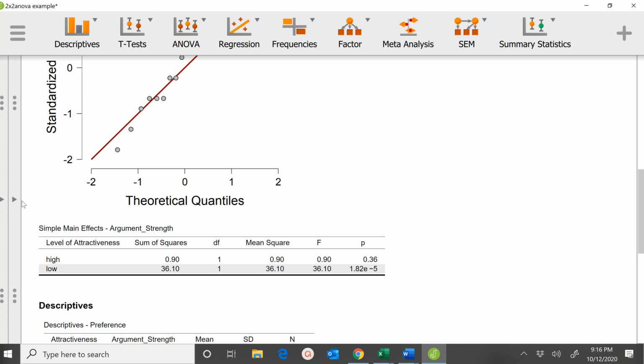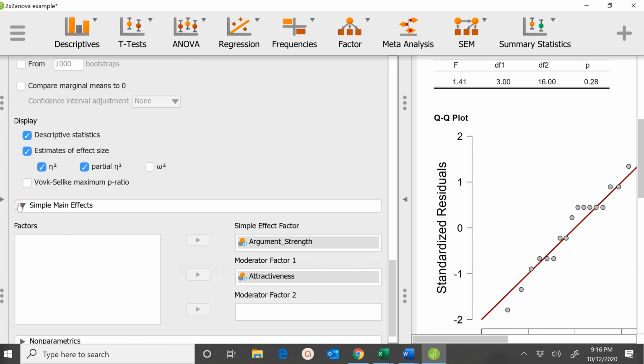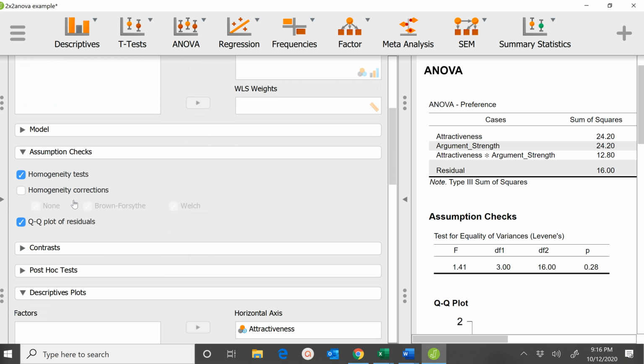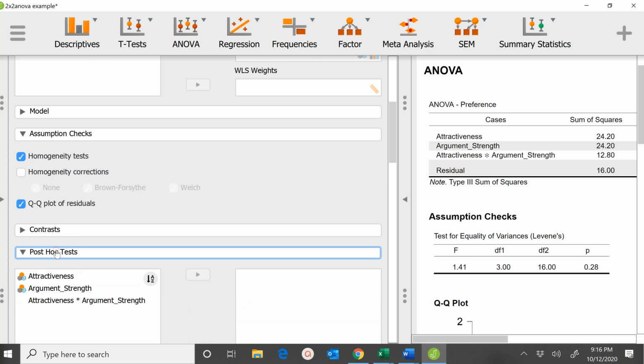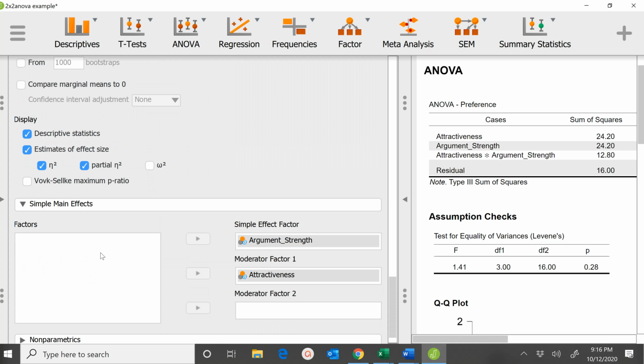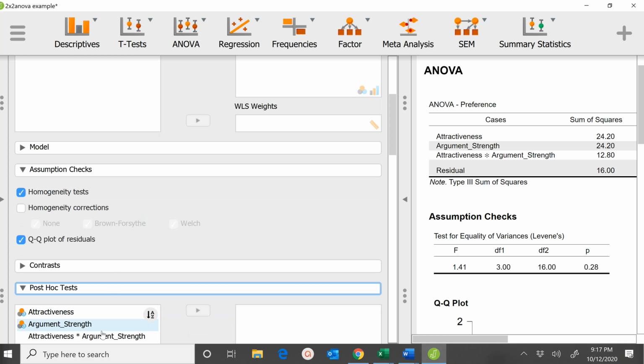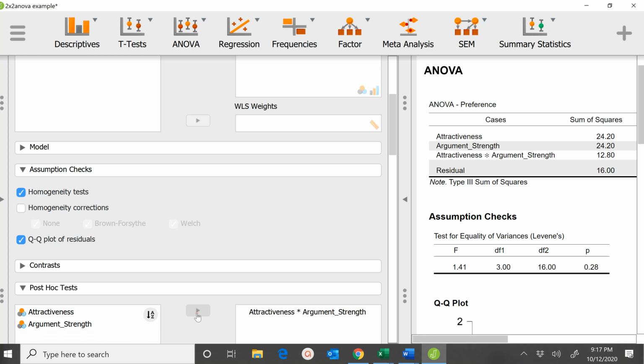In this example, it's arbitrary, but if you have a theoretically proposed moderator, you would probably want to treat that as the moderator and enter the focal independent variable as such. And one other thing we could take a peek at is we could conduct a post hoc test, and we could look at all the cells if we want to kind of go fishing to see where the difference is.